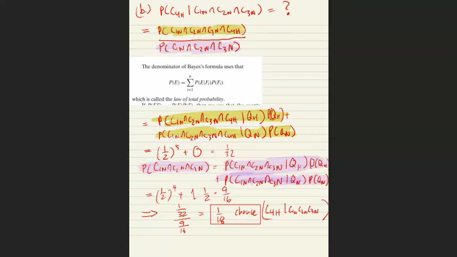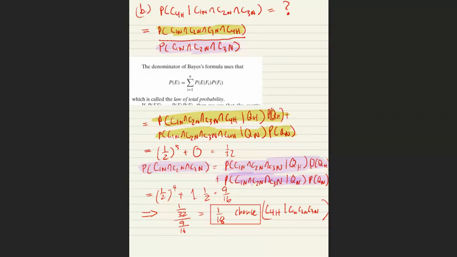I guess the only tricky part is that when the queen doesn't have hemophilia, then the probability of a child having hemophilia has to be 0. So that's how I got the 0 for the additional part, which is the second part.